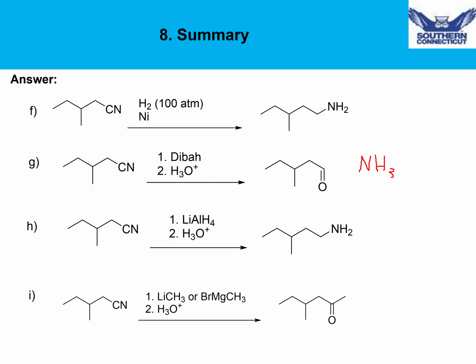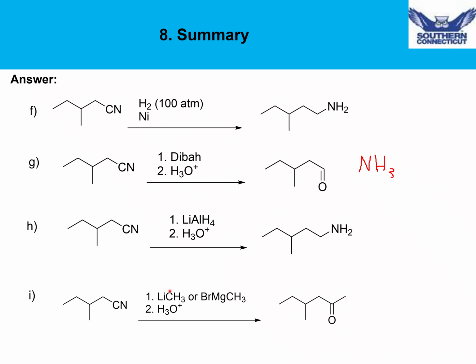In the next reaction, we're starting off with a nitrile. If we add lithium aluminum hydride, we're going to reduce the nitrile, similar to the hydrogenation reaction, into a primary amine. And then lastly, if we take a nitrile and add a lithium reagent or a Grignard reagent, these carbanions will be transferred to the carbon of the nitrile.